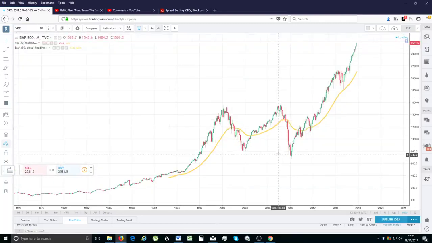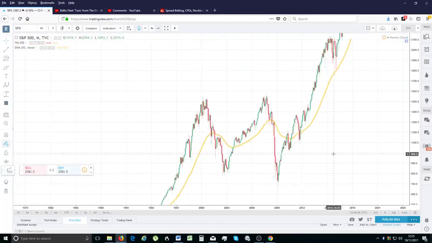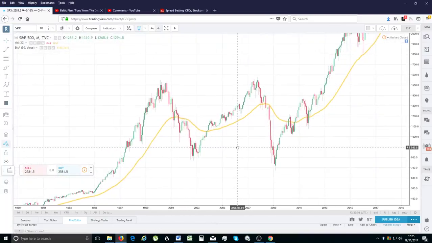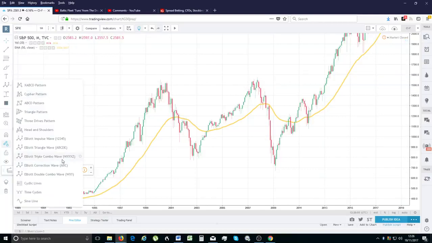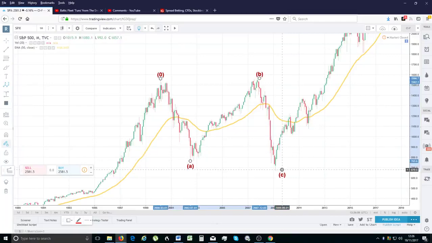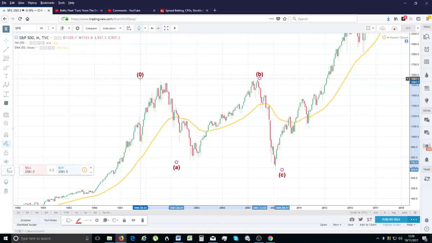If you go on the monthly chart, this is the tech boom crash. This is the property crash of 2008, and look at this. That's the trend coming in. So that's your starting point, that's your A, that's your B, that's your C. It's an expanded flat because the C wave is just a little bit below the A wave right here, just a tiny bit, and this high just about gets broken.